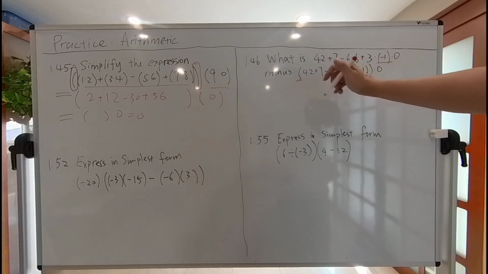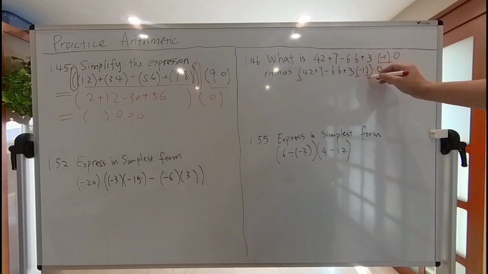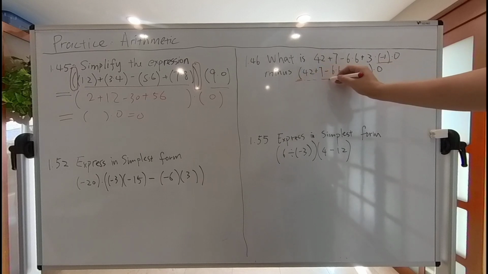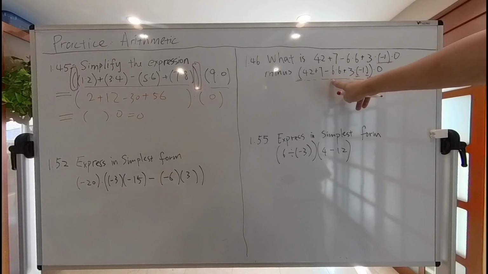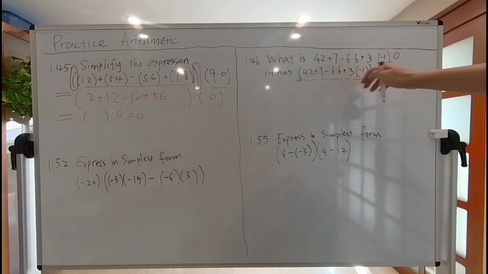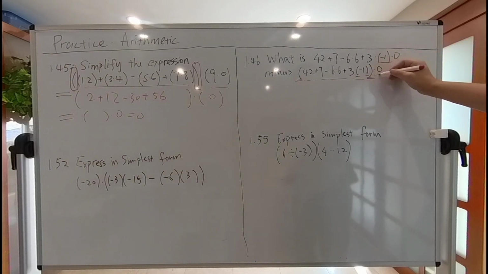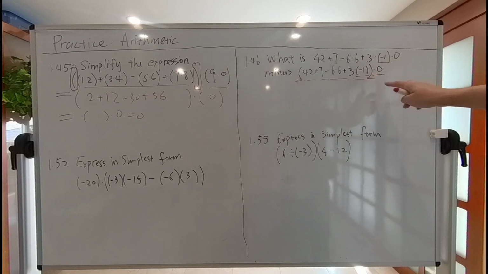And then in the second expression, I see a bigger bracket that groups most of the numbers in the first part, and I have a multiplying 0 as the second term of this expression.